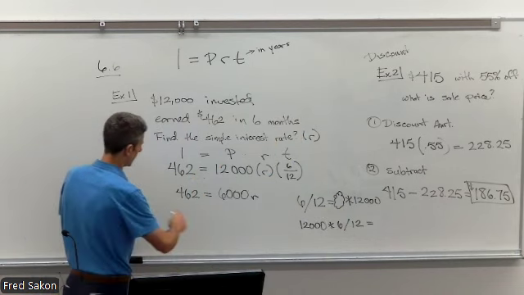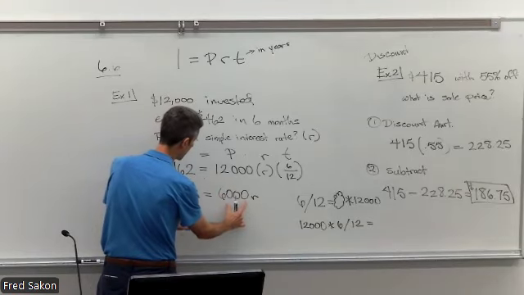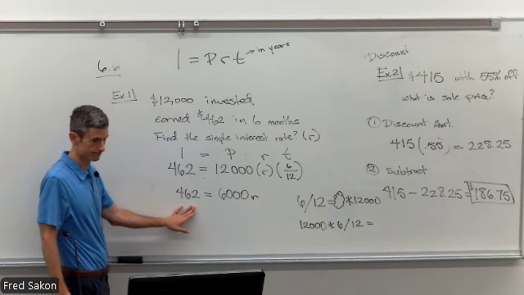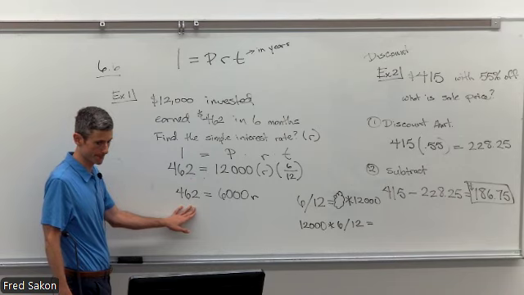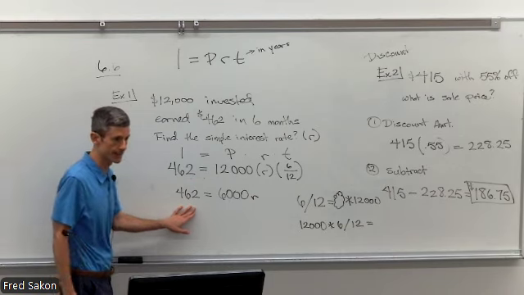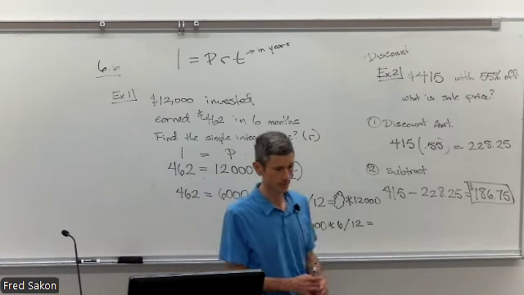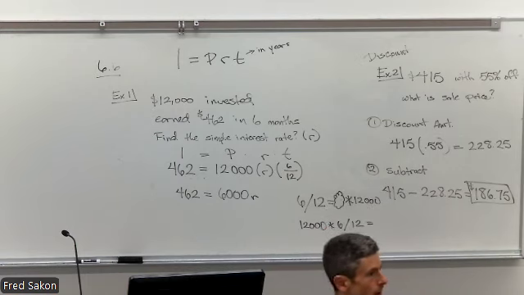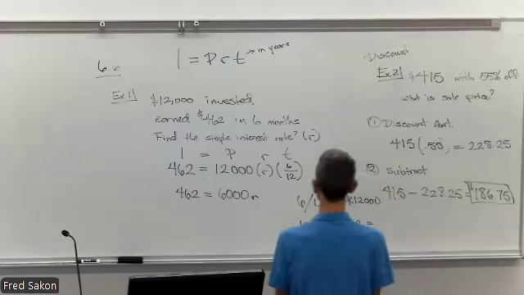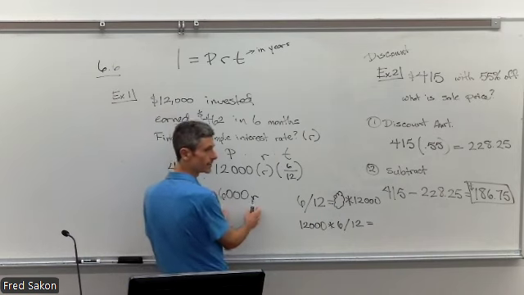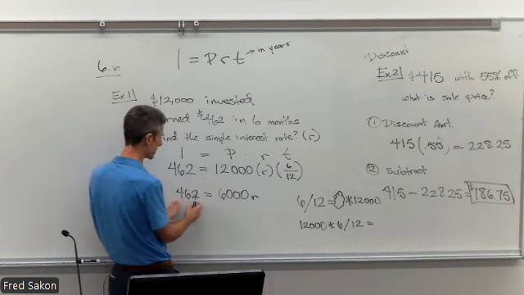Okay, now let's think back to Tuesday. How do we solve this? How do we solve that? Any idea? If you're still not quite there, what would you divide? Remember, the goal is to get variables by themselves, numbers all together.